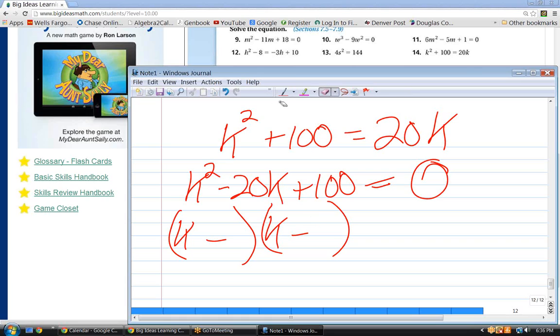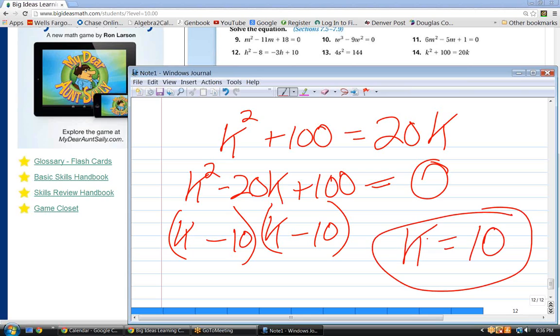10 and 10. They multiply to 100 and they add to 20. Alright, so what's your answer? 10. Just one answer for this quadratic.